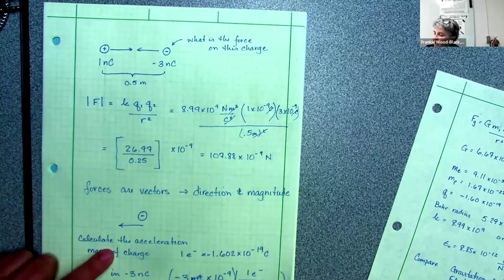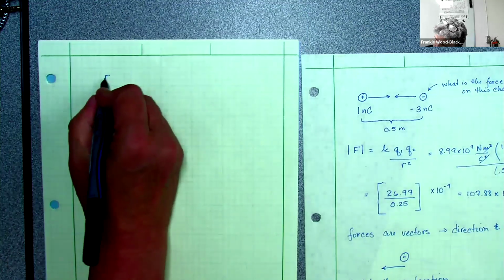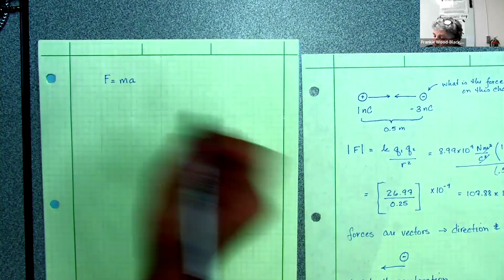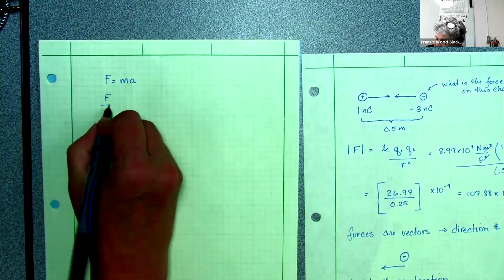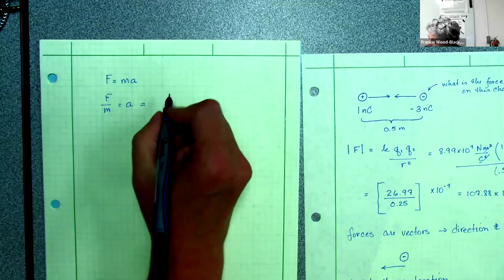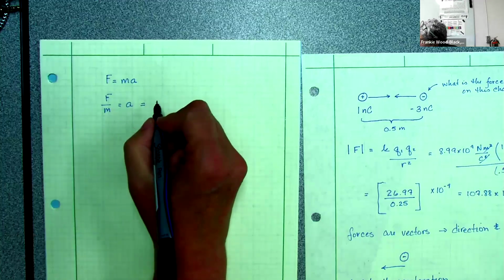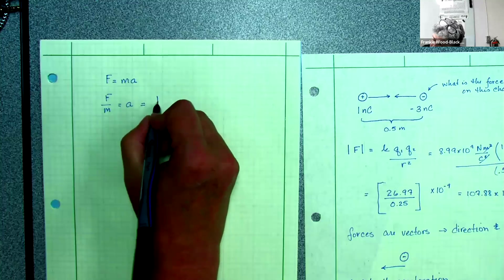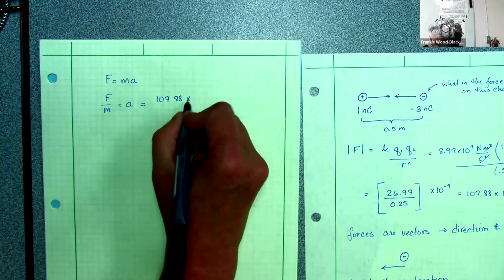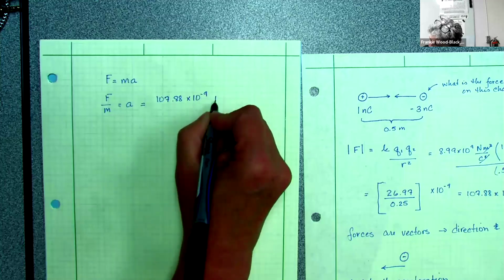So we're wanting to calculate the acceleration. So remember that force is equal to mass times acceleration. So force divided by the mass is going to equal my acceleration. We calculated the force to be 1.788 times 10 to the minus 9 newtons.